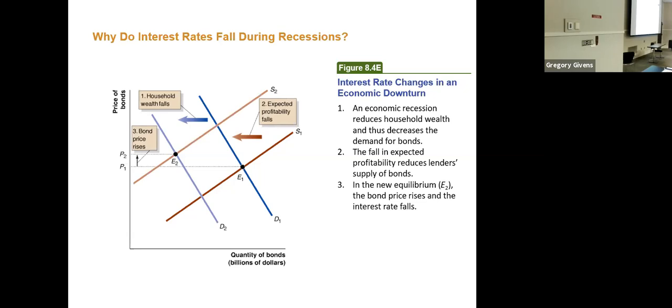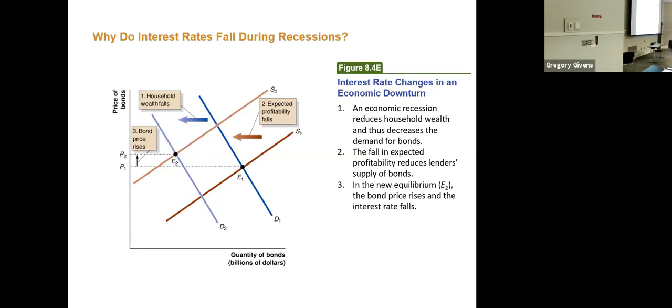But what we can do is take the model and align it with the data to say, well, look, in order for the model to be able to explain what we actually see in the data, which is the fact that interest rates tend to decline during recessions, it must be that the supply is shifting by more than the demand, right? So that the net effect on price is positive, and therefore, on balance, the interest rate is going to fall.